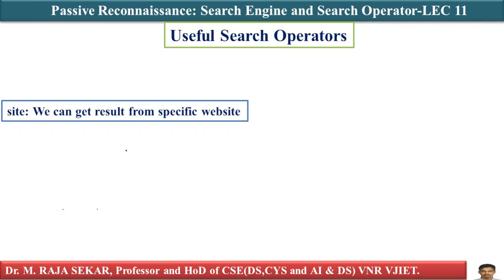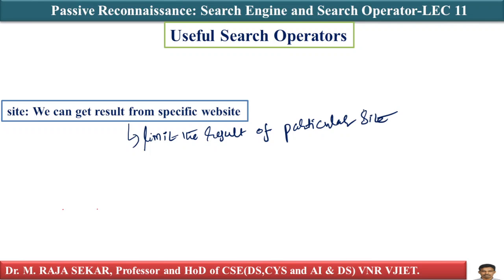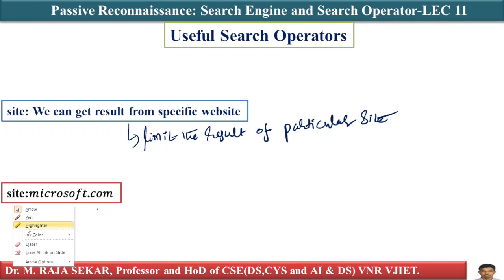The site operator is used to limit the results to a particular site. For example, suppose we are going to limit our search results to only site:Microsoft.com. What does it mean? What is the meaning of site:Microsoft.com?